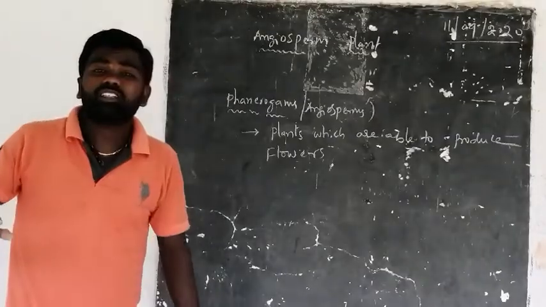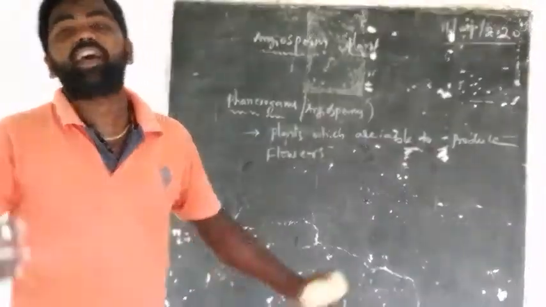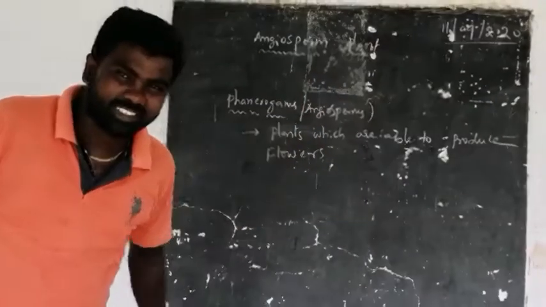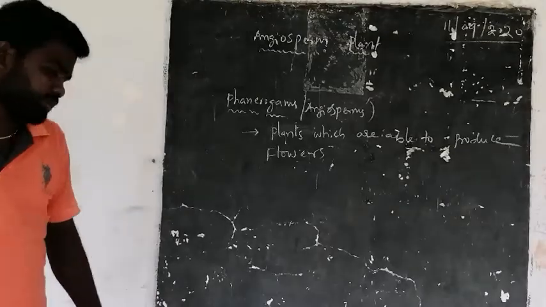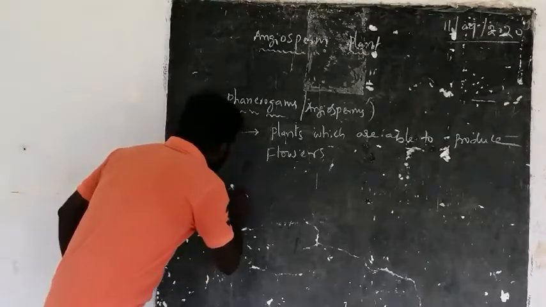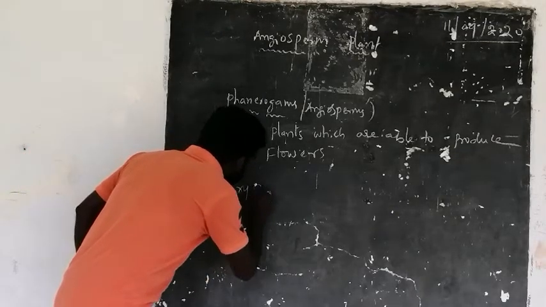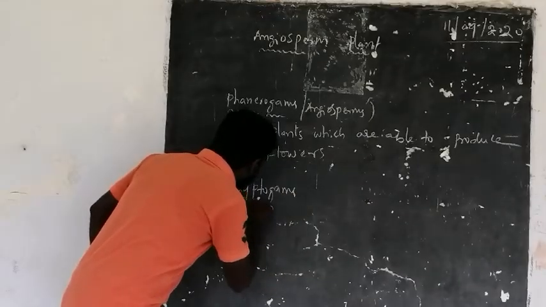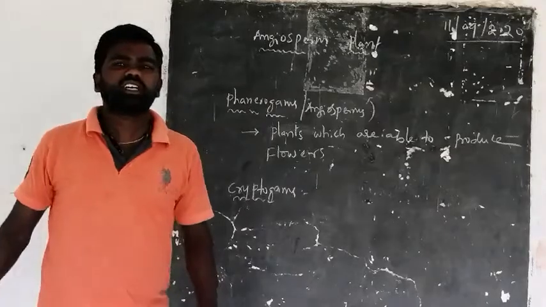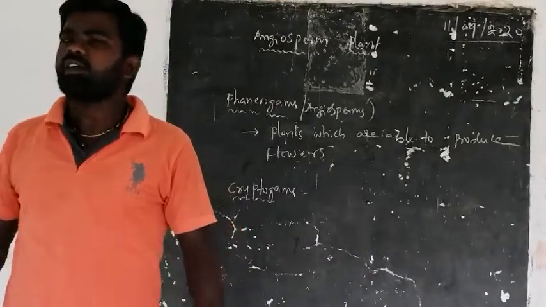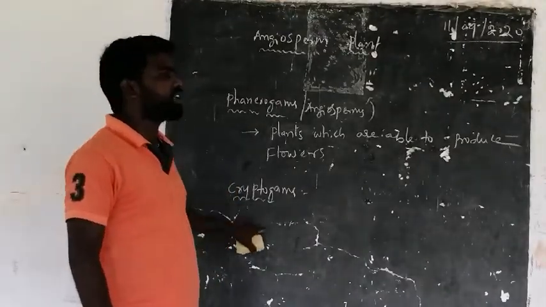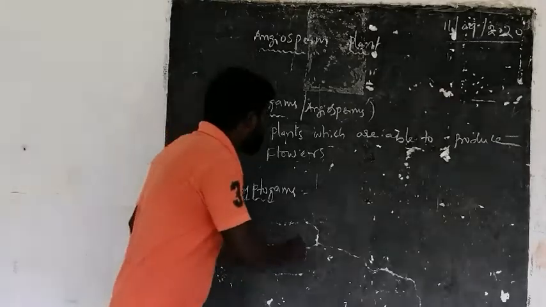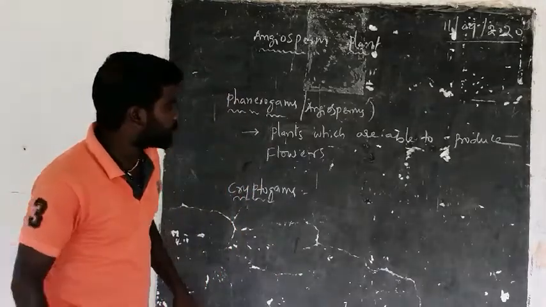And there is one more kind of plants, the plants which do not produce any kind of flowers, and those are called cryptogams.